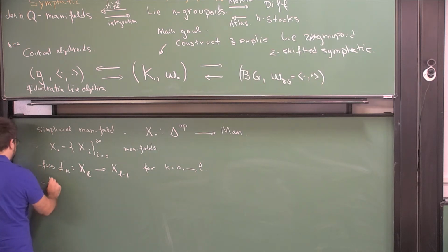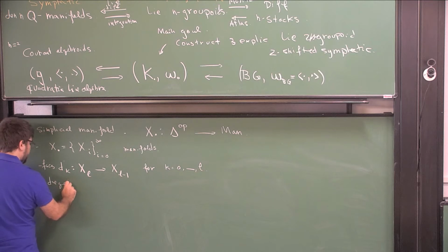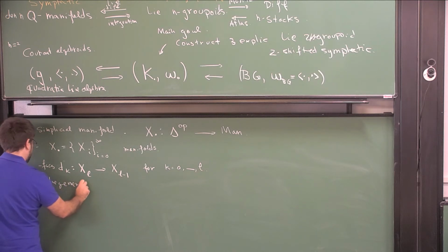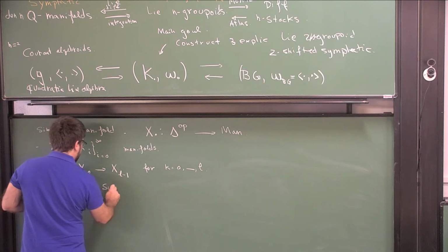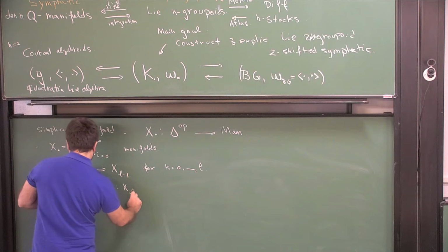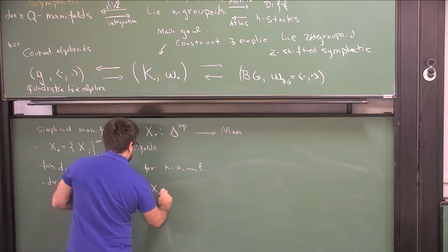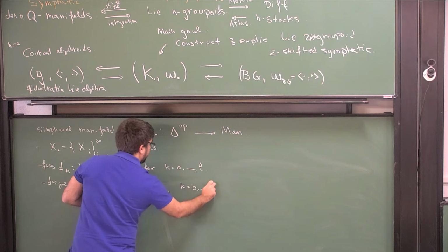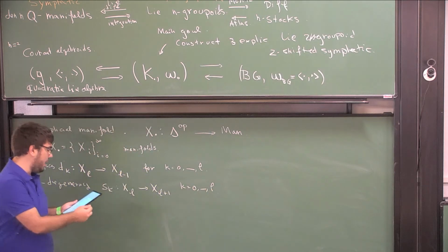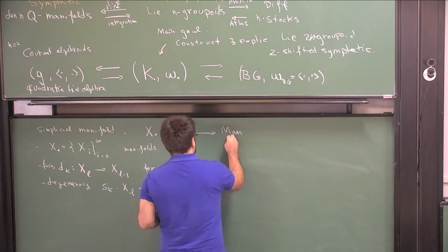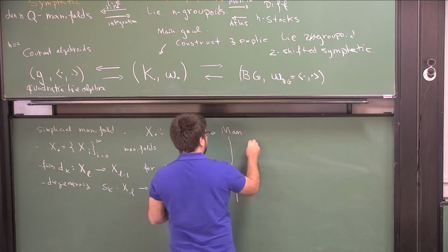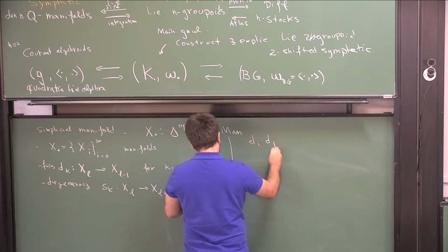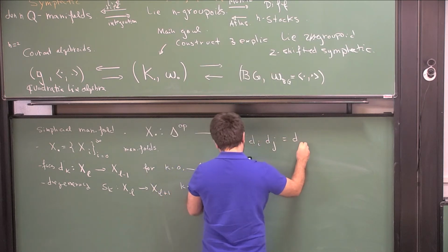And then you have degeneracies s_k going from X_l to X_{l+1}, with k from 0 to l. And they satisfy the simplicial identities. Well, I will write some of the simplicial identities to have an idea of how they look.